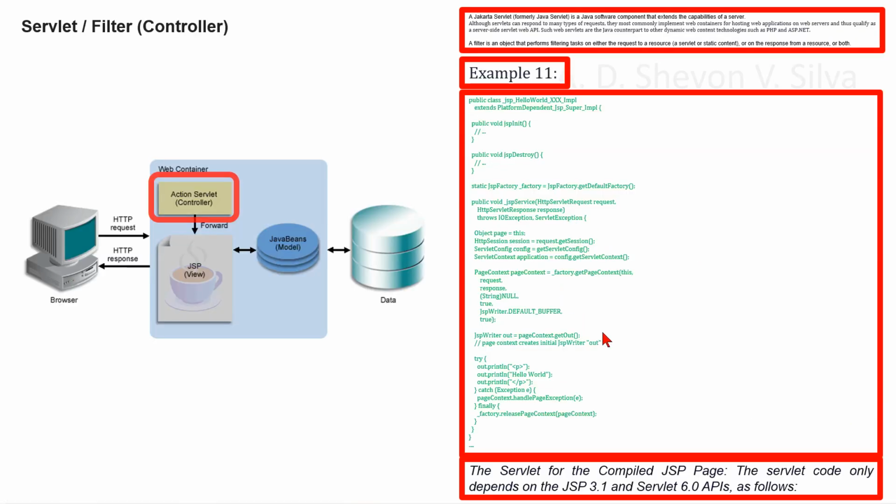Here you can see we are now considering a servlet for the compiled JSP page. The servlet code only depends on the JSP 3.1 and servlet 6.0 API as follows.